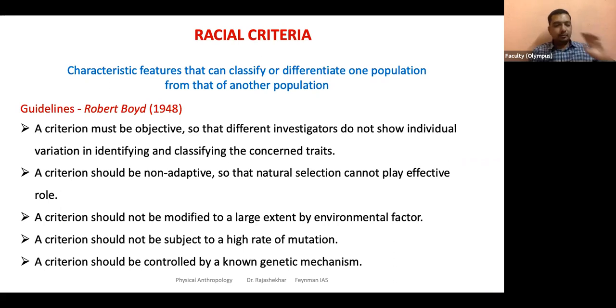To a certain extent you may be able to follow it, but many of the characteristics that we are talking about are environmentally influenced characteristics. They change. Skin color changes depending on where you live. And of course, there are underlying genetic factors to them, but they're not fixed. So these are the proper guidelines, if at all we need to classify races. Some of them are satisfied, some of them are not met in the process.